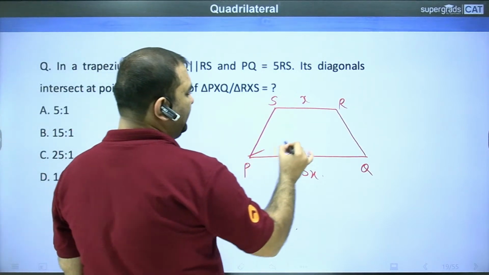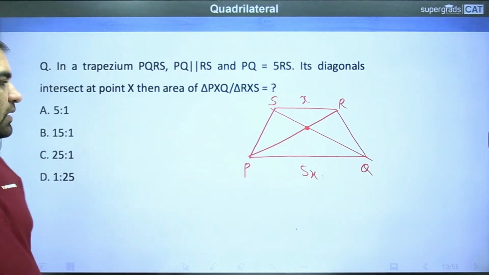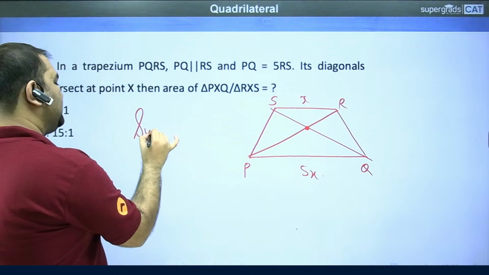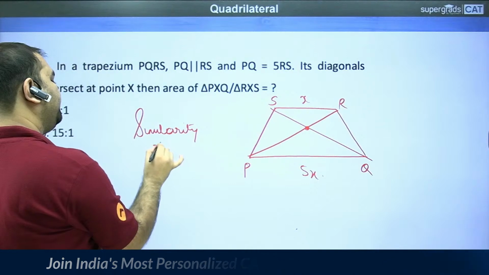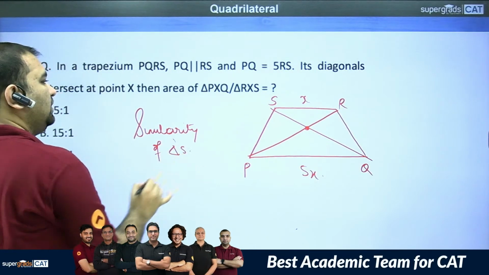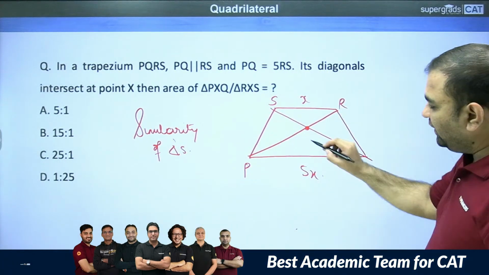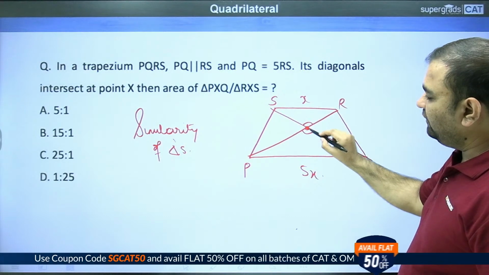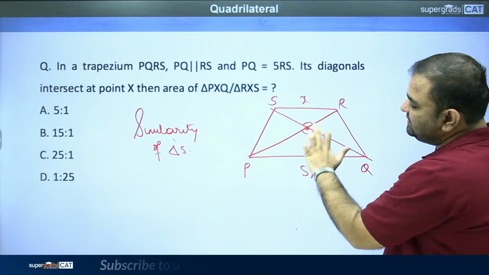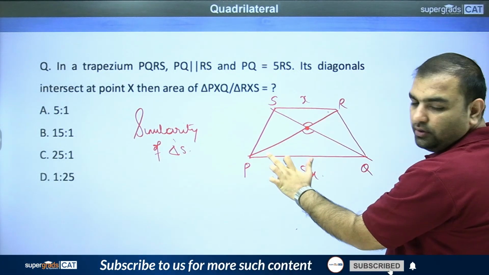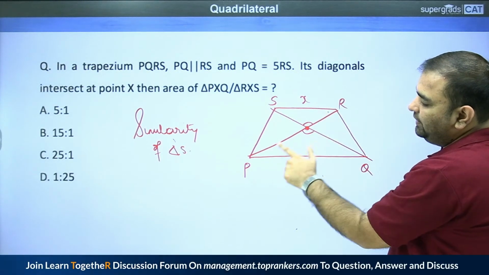Diagonals intersect at point X. There is a formation of similarity of triangles. I'm going to explain it as if you have not read it before. Vertically opposite angles, parallel lines. If this is alpha, then this is also alpha by the virtue of vertically opposite angles.